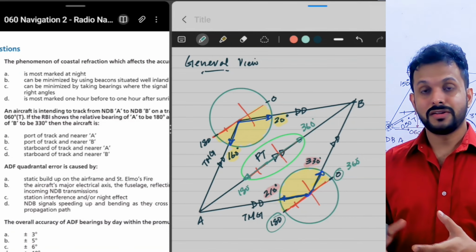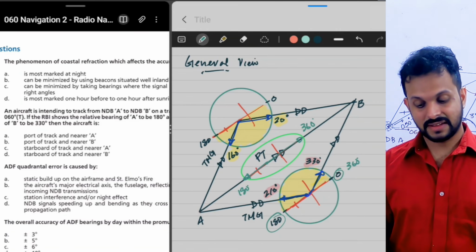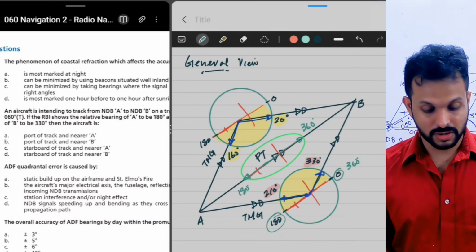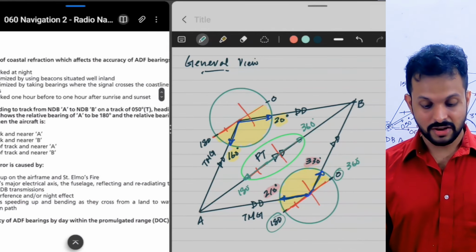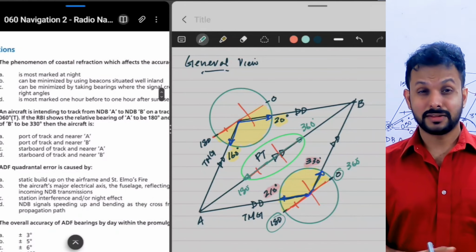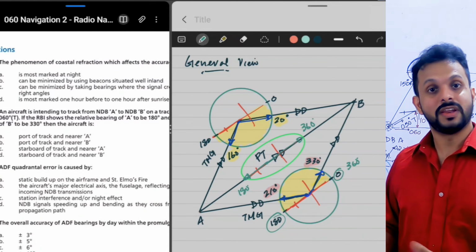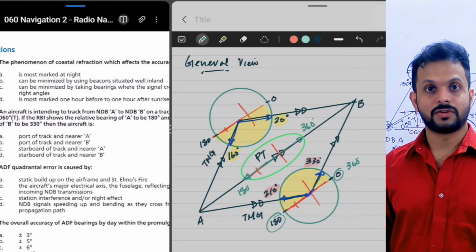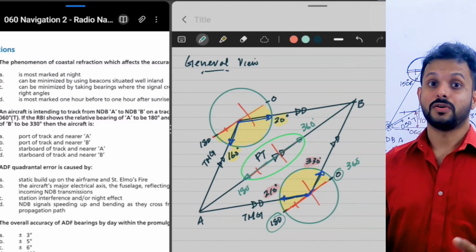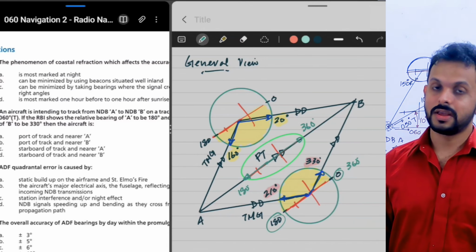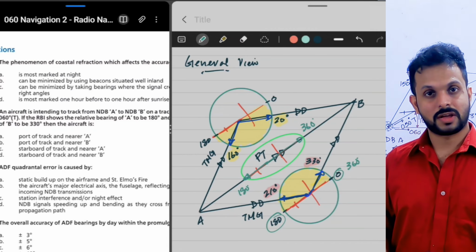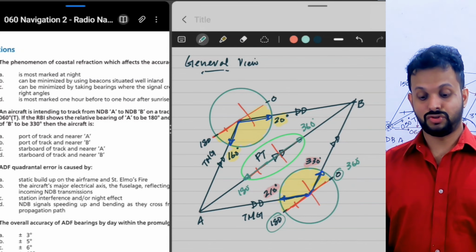So I wouldn't necessarily ask you to understand these questions in this way. In this question, if you look at the question straight, you can see the values 180 degrees and the other value being 330 degrees. Now this will tell that 330 has to be to the left of the aircraft, and for that reason the aircraft has to be to the right of the track. All right. Now, as I told you, I wouldn't recommend you to understand this using this general view.